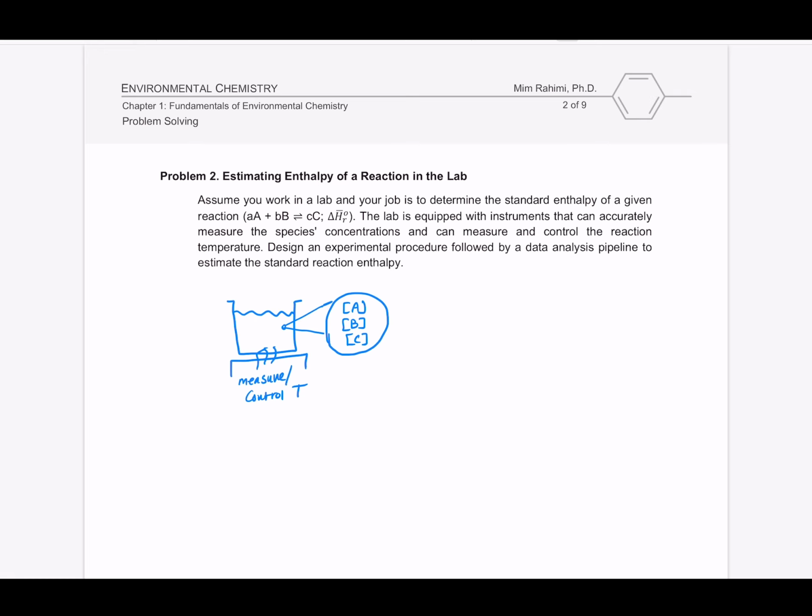So Van't Hoff could be a very good starting point. Van't Hoff could be the core, and now we need to think about how we design an experiment, collect data, and do analysis to get to delta H eventually.